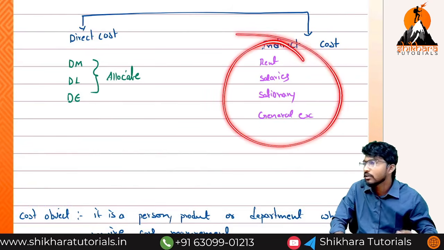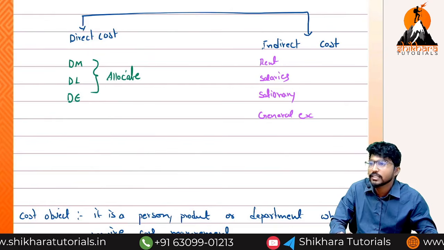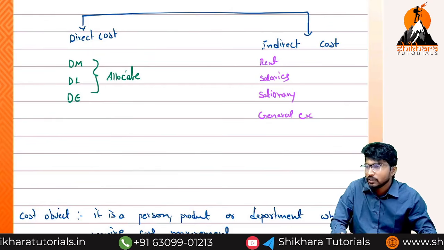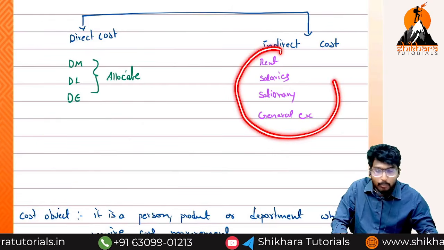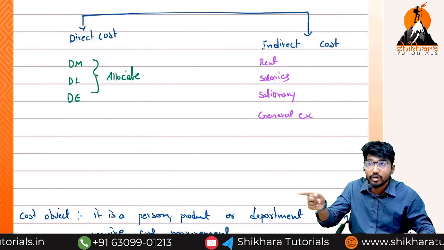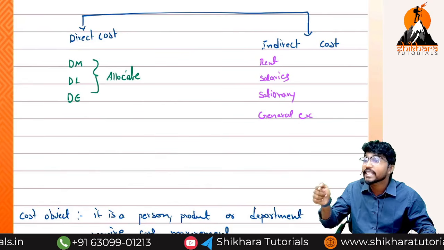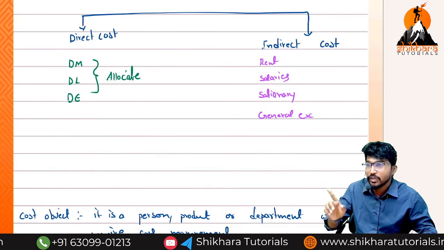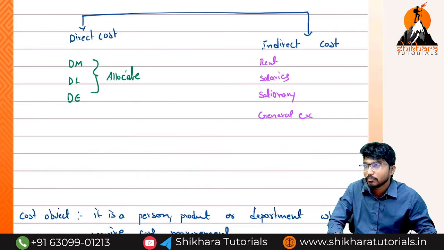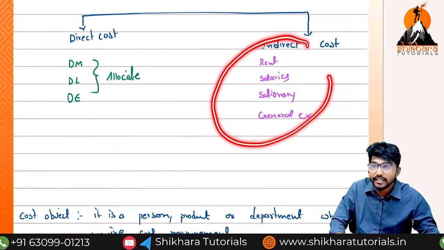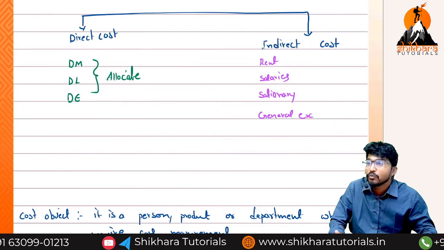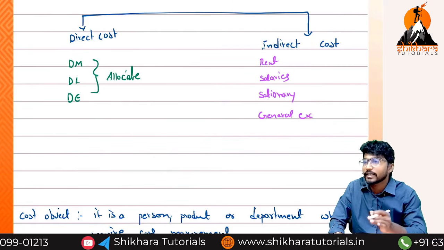These are all our indirect expenses. They are termed as overheads. Now we have to apportion. For direct expenses, what will we use? We will use allocation. We will allocate the direct expenses. But when it comes to indirect expenses, what will we do? We will apportion the indirect expenses.